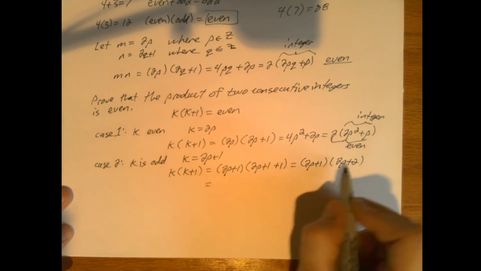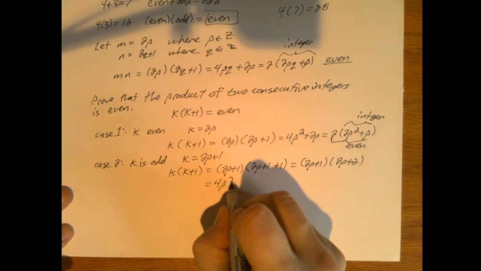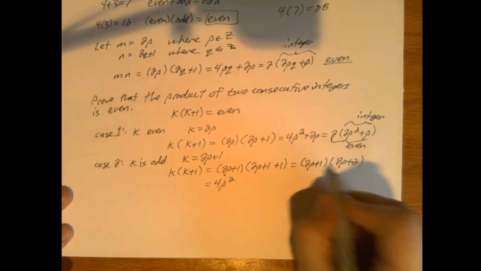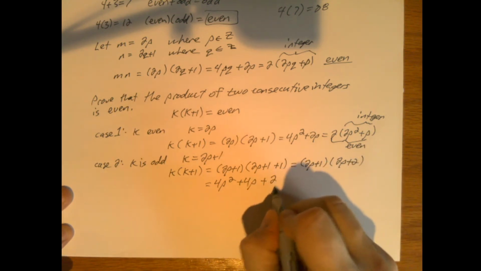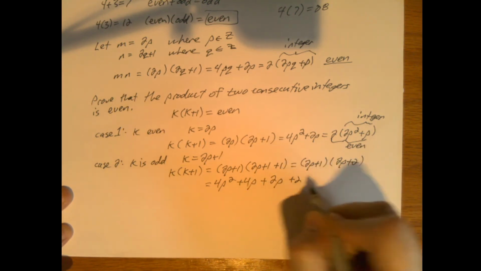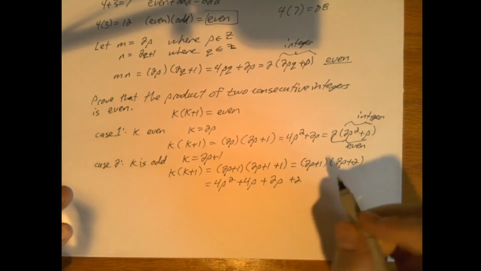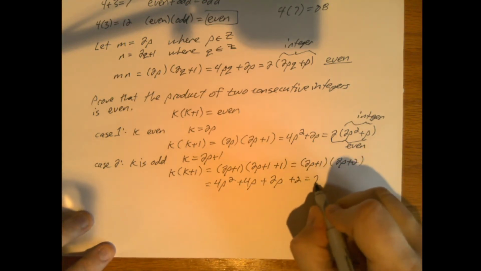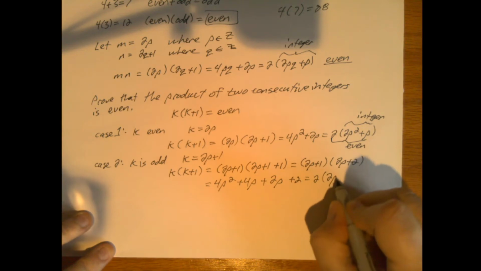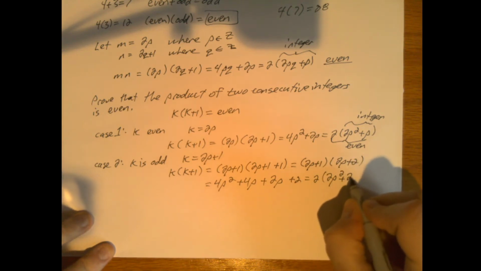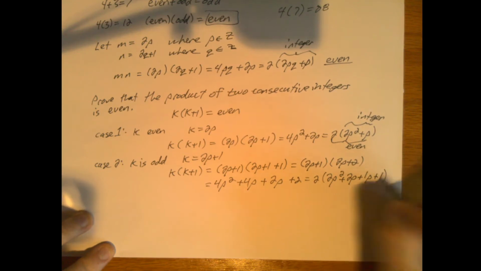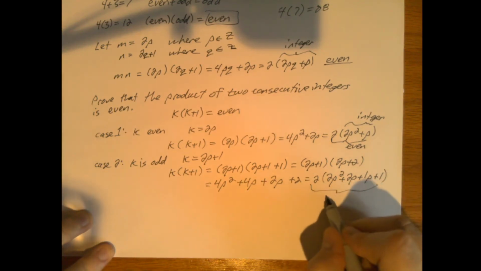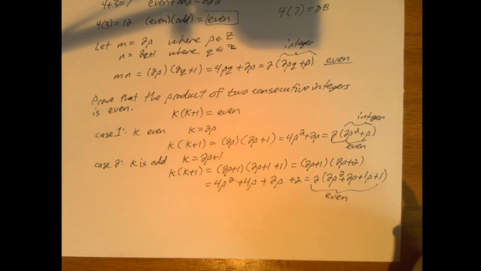And this becomes 4p squared plus 4p plus 2p plus 2, and all these are multiples of 2 now. So 2 times 2p squared plus 3p plus 1. And therefore this whole thing is even again.